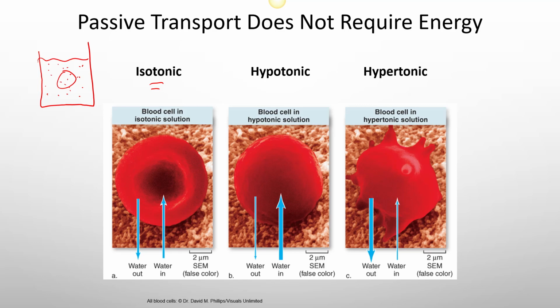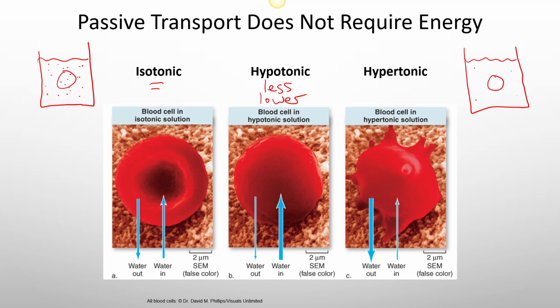In a hypotonic solution, the solution has less or a lower concentration than inside of the cell. So what happens in this situation, and I'll draw hypotonic over here, we have this water level, we have our cell.